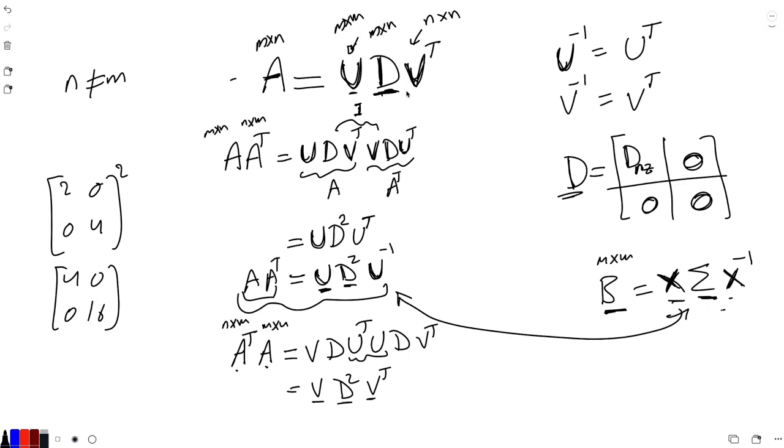Remember that this matrix A, as we mentioned in the beginning, can represent some data.